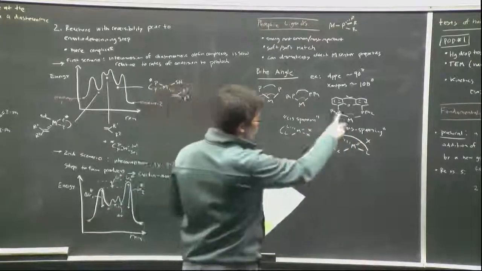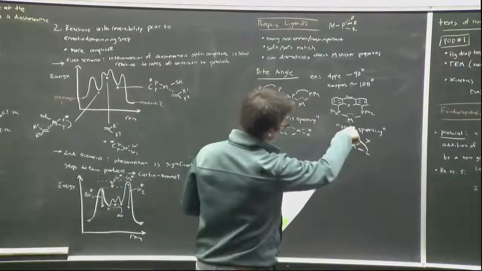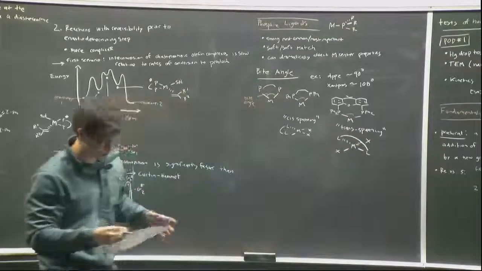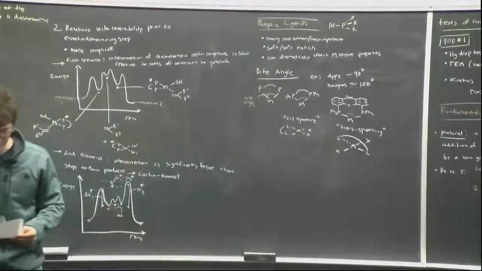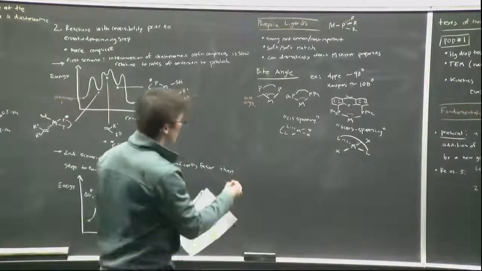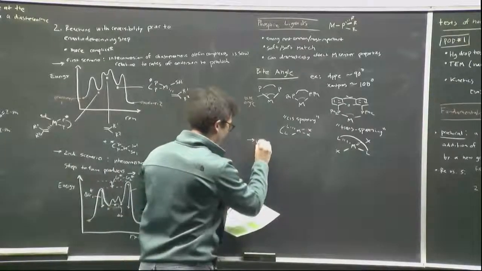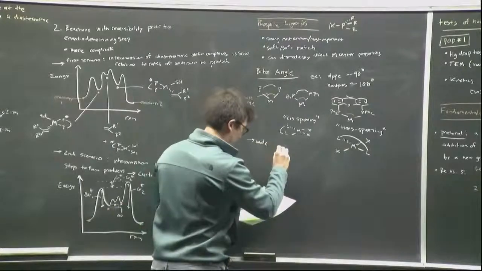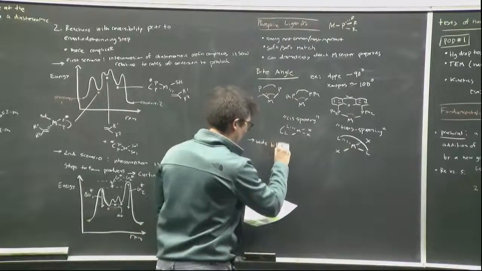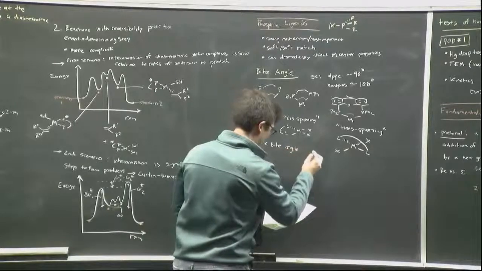So as I've drawn it here, at least it's cis-spanning, but it can also be trans-spanning. Depends on the metal, depends on the other ligands involved, Xantphos specifically. And so one of the key trends for catalysis is that wide bite angles tend to promote reductive elimination.